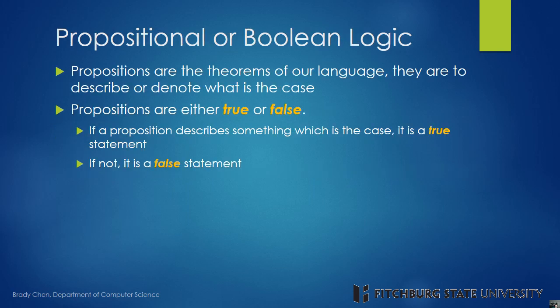Now the fundamental part of Boolean logic is something called a proposition. By definition, propositions are the theorems of our language, and they describe or denote what is the case. Let's see an example.